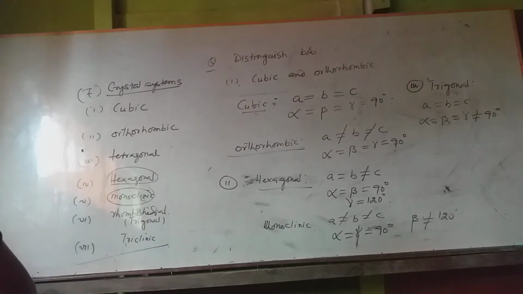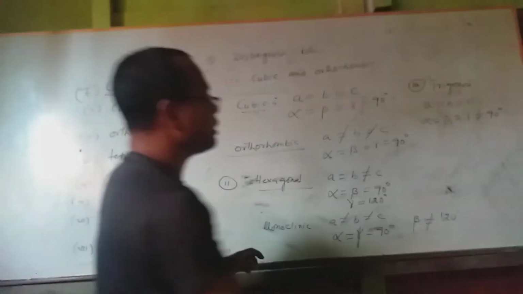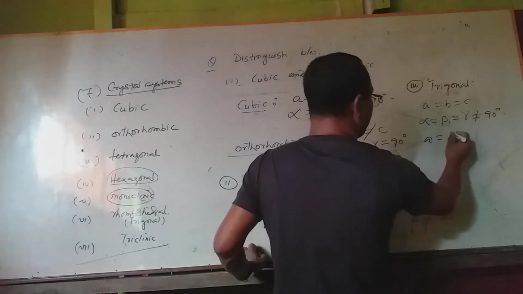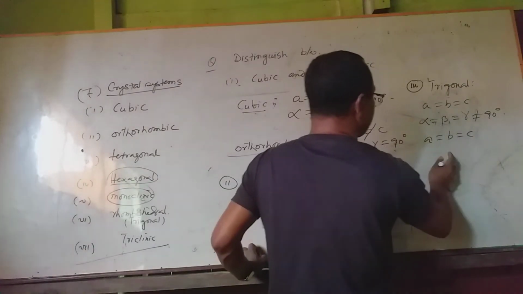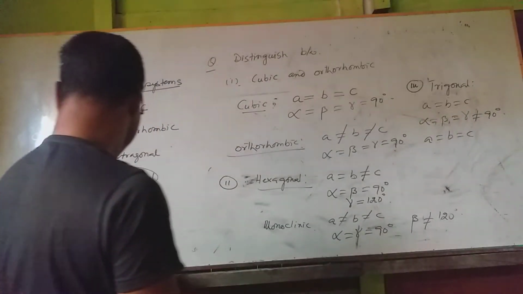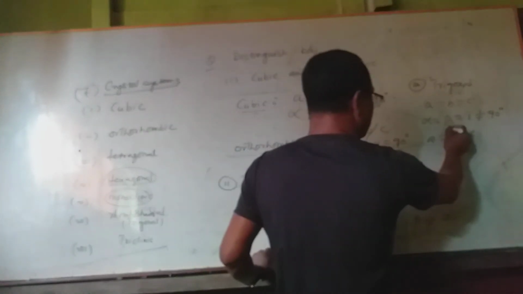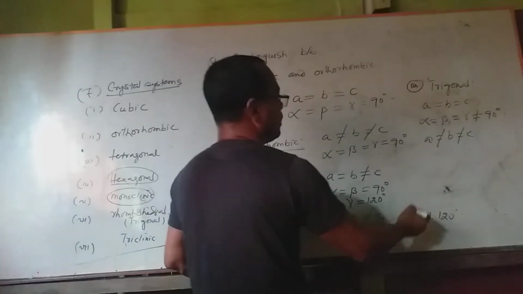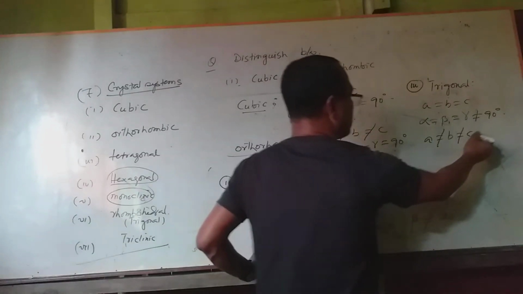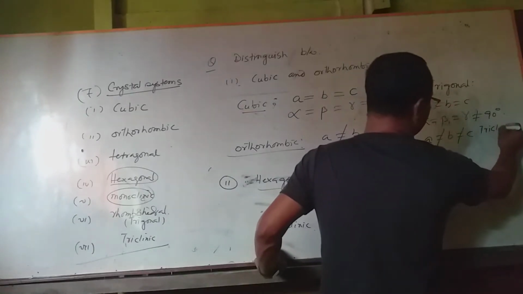Now in the triclinic, what is the triclinic? What we know is that A, B and C, all these three sides are different, and this is for triclinic.